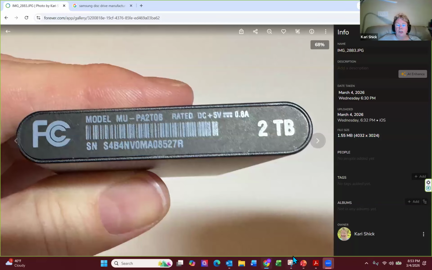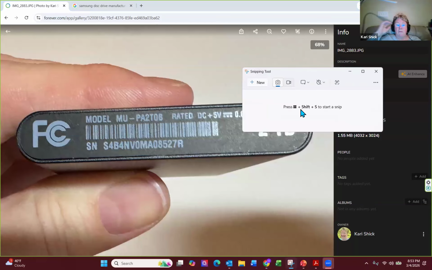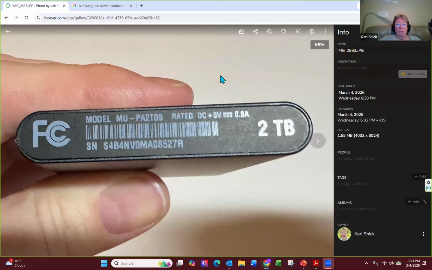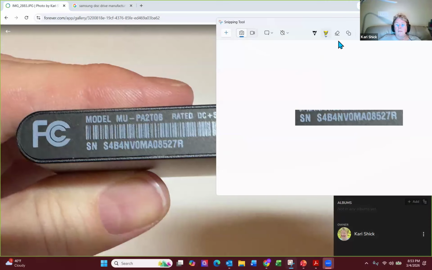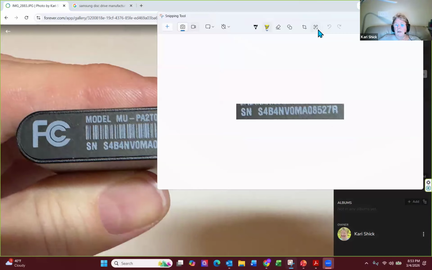One thing I wanted to let you know: many manufacturers have a lookup where, when you put in the serial number, it can tell you. So if you use the snipping tool to grab that information with the serial number, there is a button that looks like a box with some lines in it. It's actually four corners with some lines in it, and it's text actions.